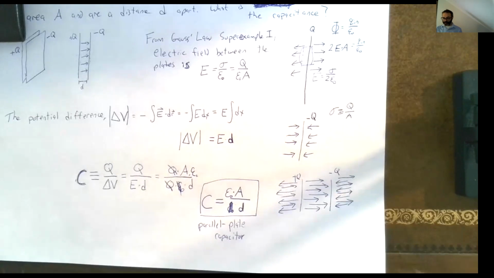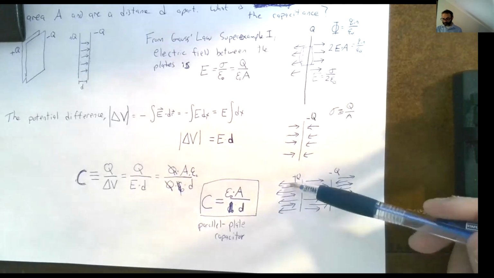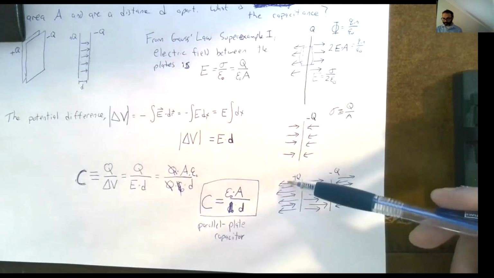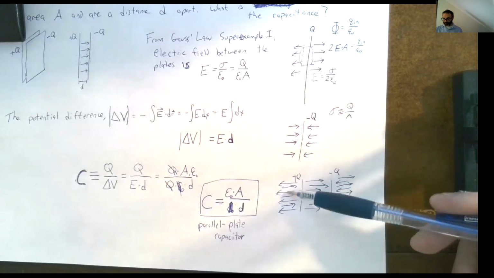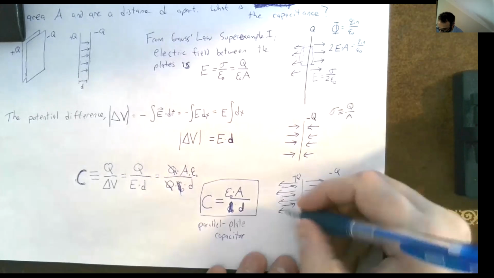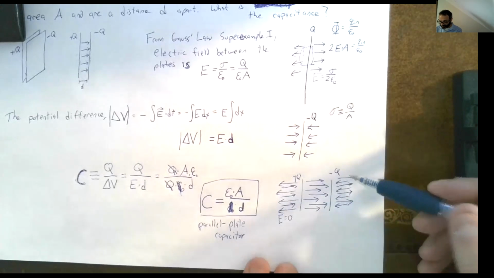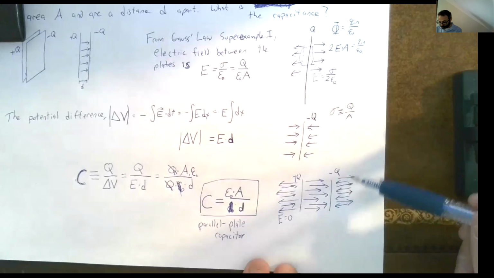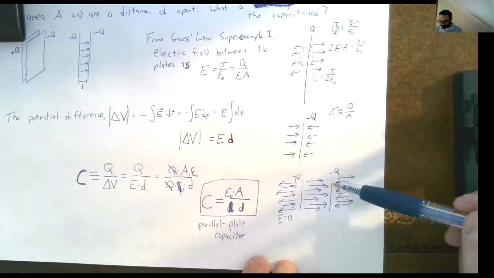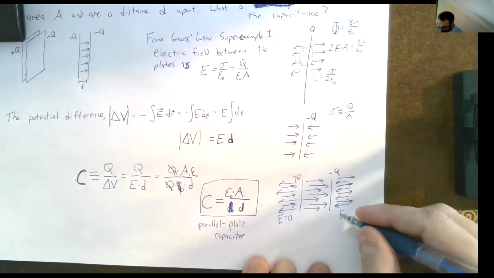So you can see that to the left of the plus Q plate, these cancel out. The minus Q plate is pulling towards it, but the plus Q plate is pushing away from it, so it cancels out. So the electric field is 0 outside here. And the same thing out here. The minus Q plate would pull a positive charge towards it, but the plus Q plate is going to push a positive charge away from it. So these arrows cancel out, and there's no electric field out here either.